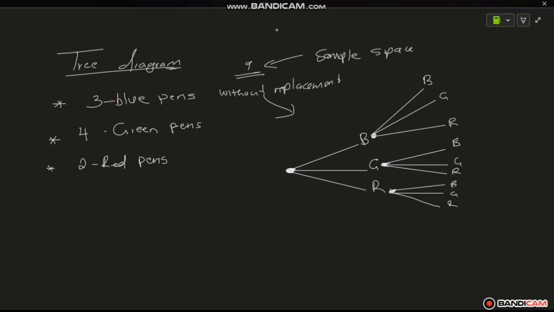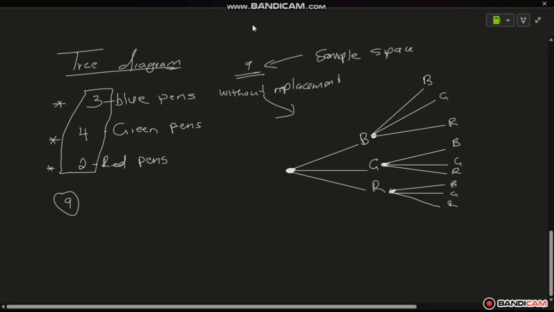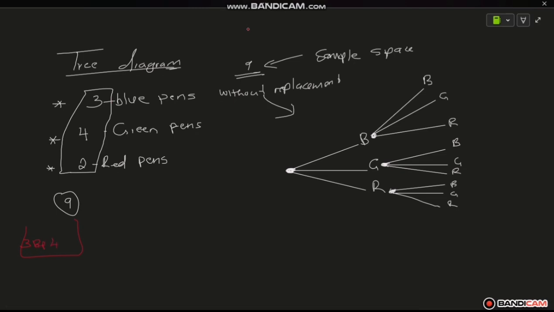Okay, now what we know here is that these ones, when we add them, they give us a sample space of 9, right? Therefore the sample space is 9, but the probability of blue balls will be 3 over 9. I hope it makes sense. Now let's say you put all these pens inside a box or inside a bag.